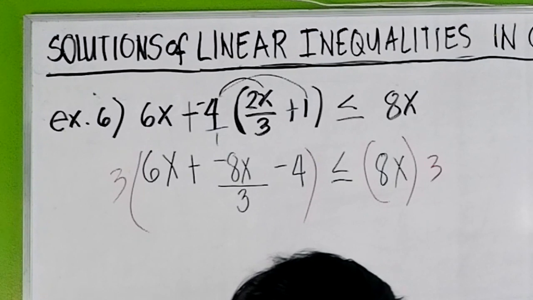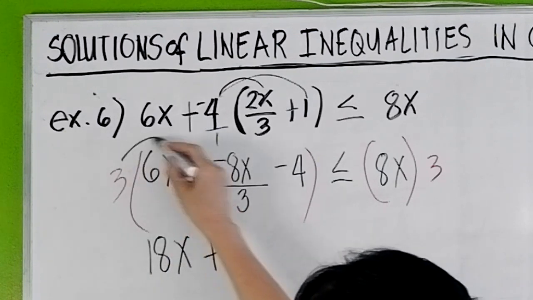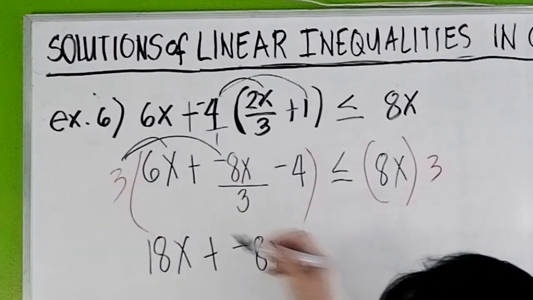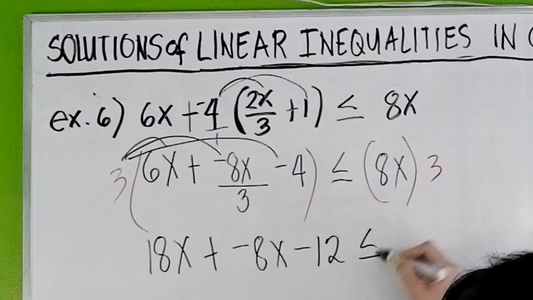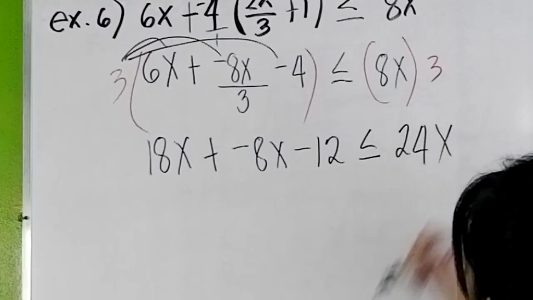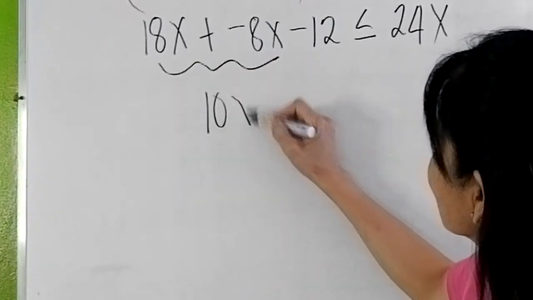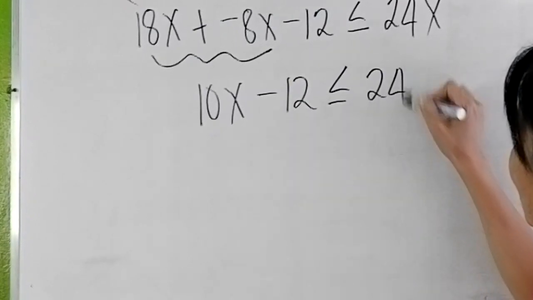So you have here 18x plus, there, 3 cancels, negative 8x, 3 times negative 4 is negative 12, less than or equal to 24x. Add this 2, 18 minus 8 is 10x, minus 12 is less than or equal to 24x.